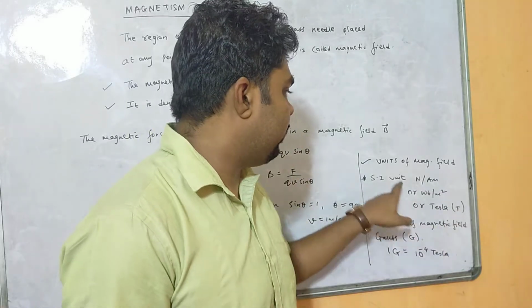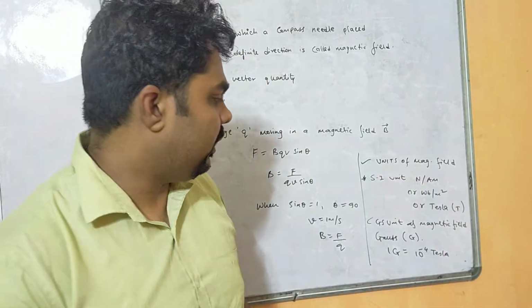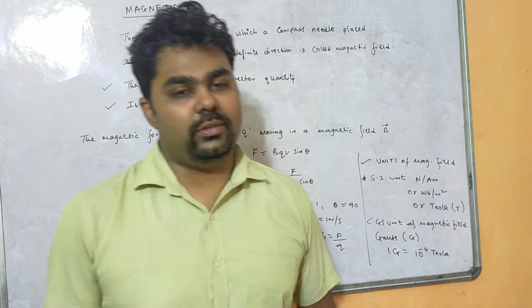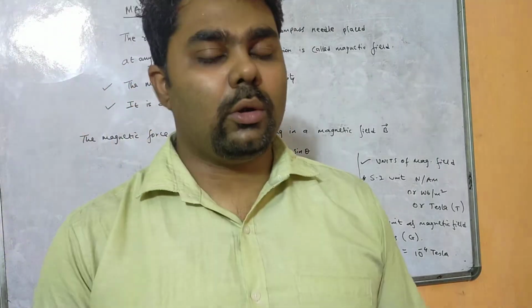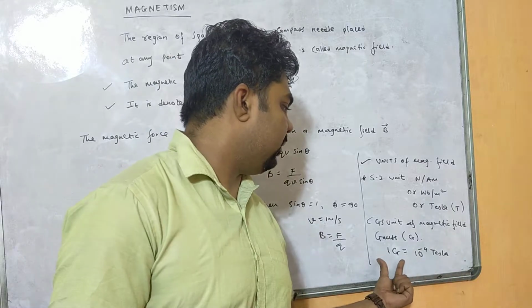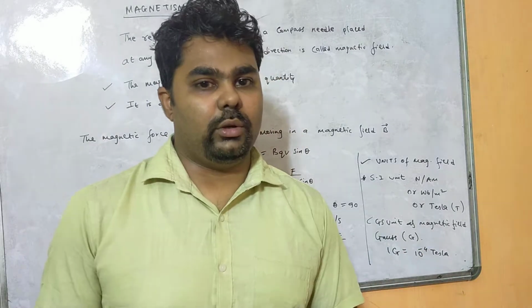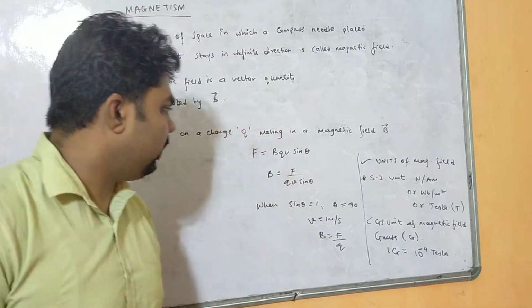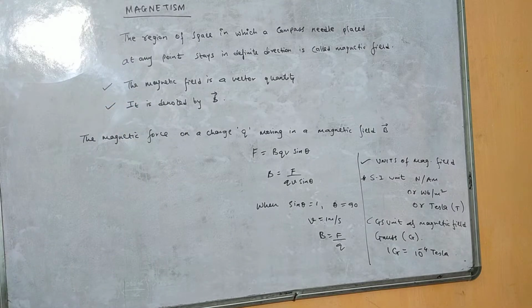So these are the three units of magnetic field. The CGS unit is Gauss. So 1 Gauss equals 10 to the power minus 4 Tesla. This is the relation between the CGS unit and the SI unit. These are the terms for the magnetic field which you need to note down in your exercise book.